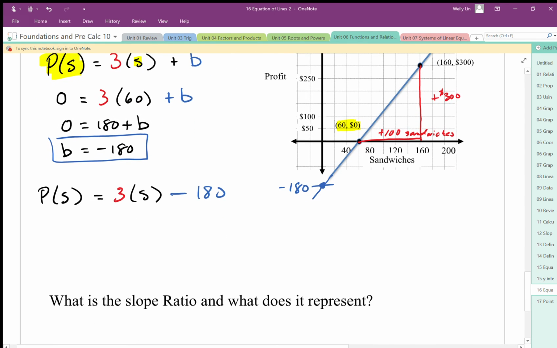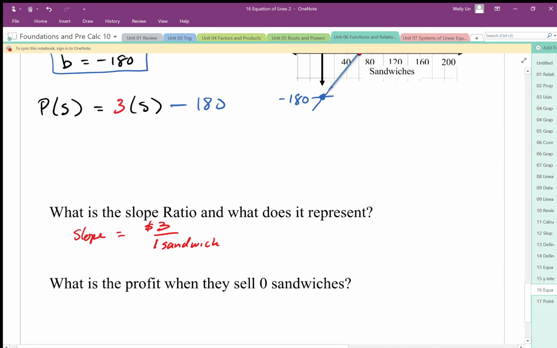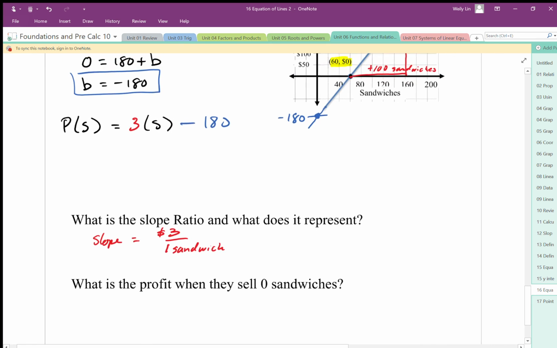What's the slope ratio? The slope ratio is going to be 3, or 3 to 1, and the slope ratio represents $3 per sandwich. What's the profit when they sell 0 sandwiches?